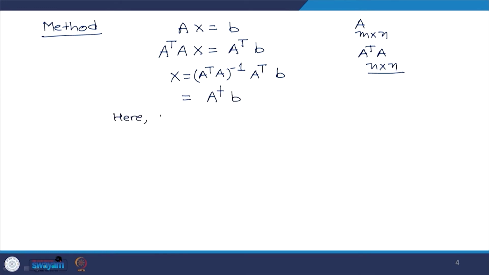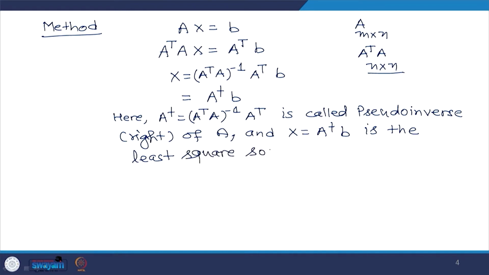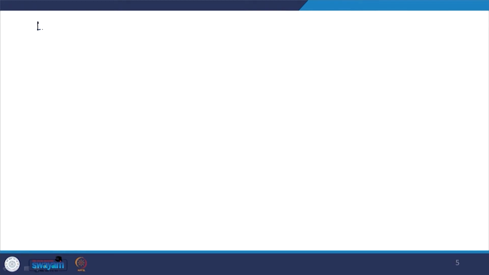Here A transpose A inverse times A transpose is called the pseudo inverse, that is the right pseudo inverse of A, and x equals pseudo inverse of A times b is the least square solution of Ax equals b. So, let us take an example.